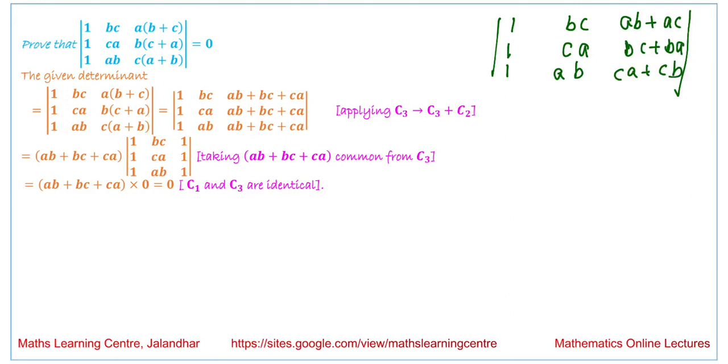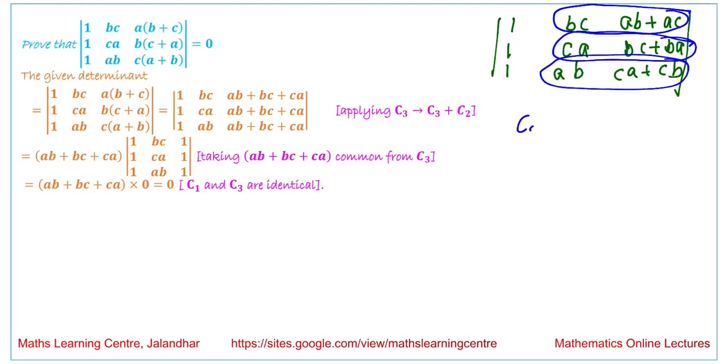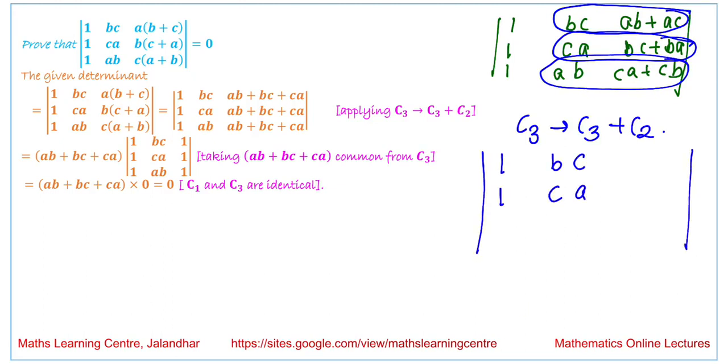Now if we add these two columns, it means we are writing C3 approaches C3 plus C2. The answer we are getting is 1 BC, 1 CA, 1 AB, and AB plus AC plus BC, AB plus BC plus CA, and AB plus CA plus CB.